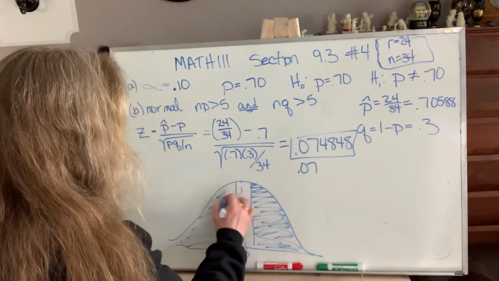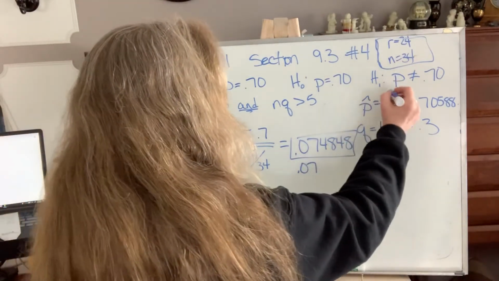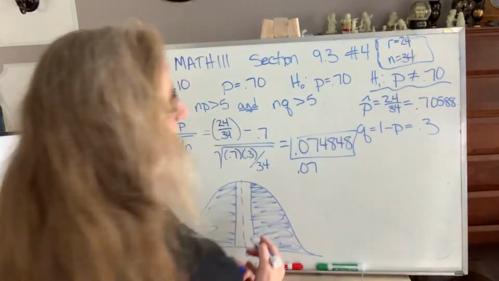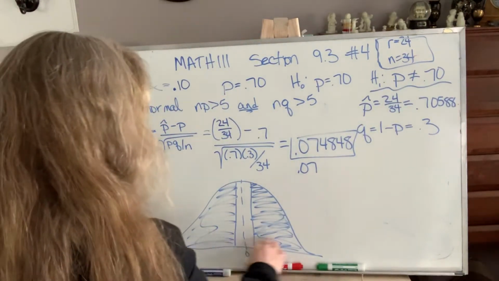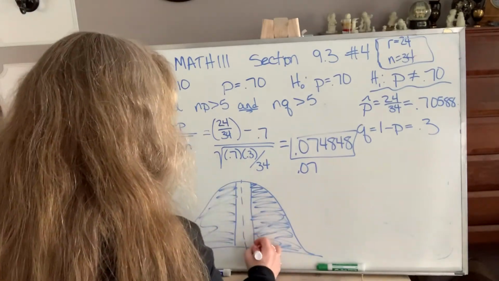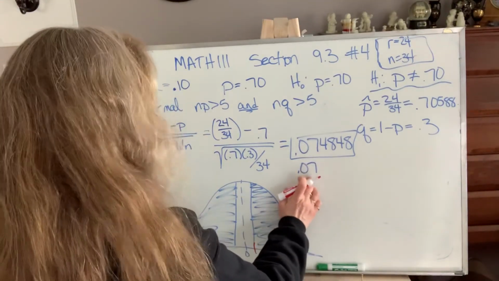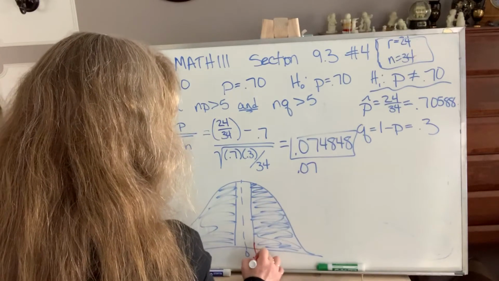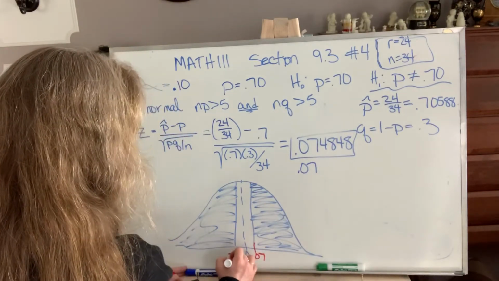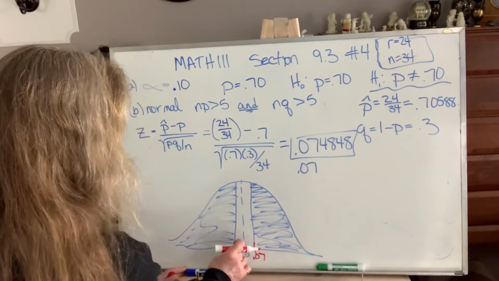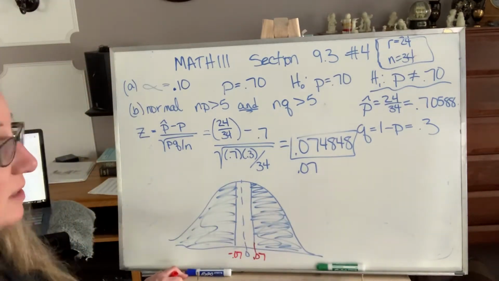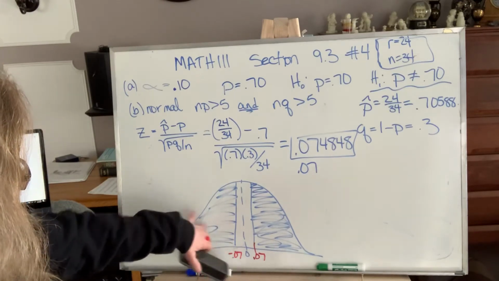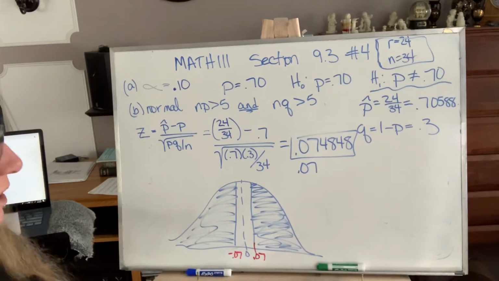And we know it's two-tailed because the alternative hypothesis is p is not equal to 0.7. So we know it's two-tailed. These values down here are my z. So I'm going to use 0.07. This happens to be negative 0.07, right? It's symmetrical. So it's everything bigger than z equal to 0.07 and everything less than z equal to negative 0.07.